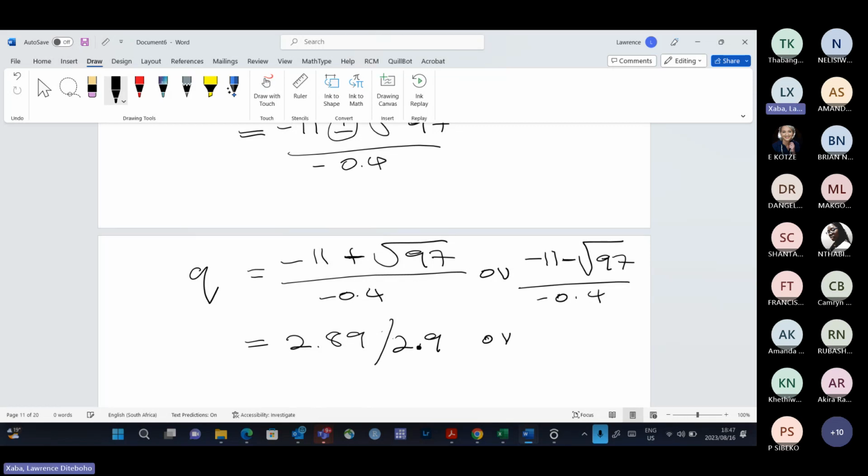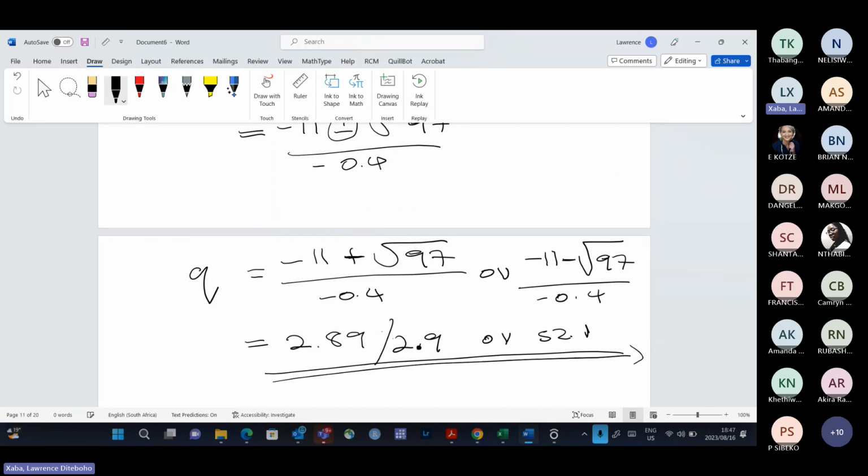Then same thing, but now we have a negative sign instead of positive. Then we divide that by the same value, which is negative 0.4. Then we have 52.1.